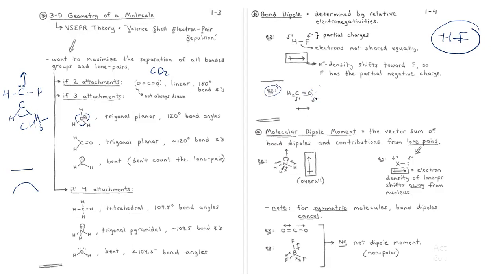So oxygen will be partially negatively charged, and the carbon in this molecule will be partially positively charged, and the dipole moment will point towards oxygen. Okay, so we were discussing the polarity of the bond. This is a dipole because we have two distinct poles.